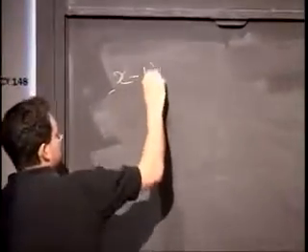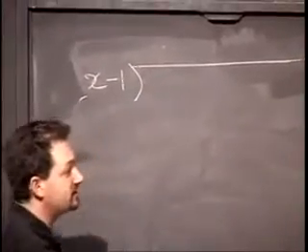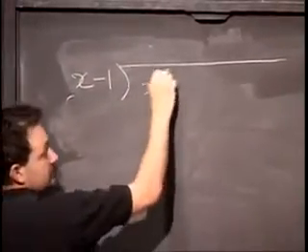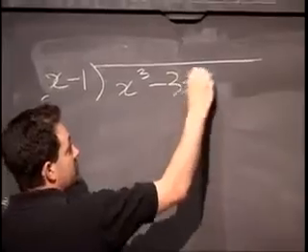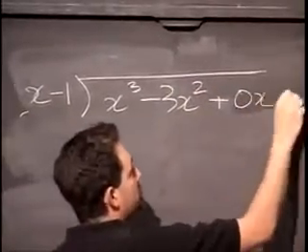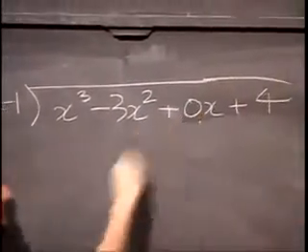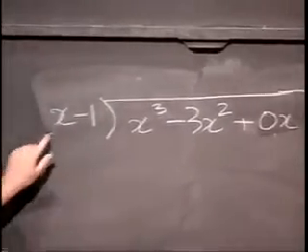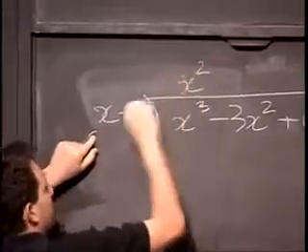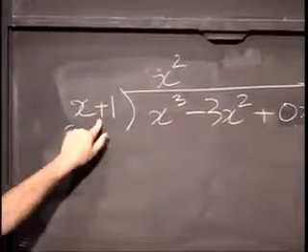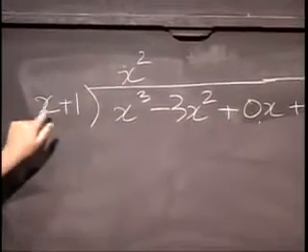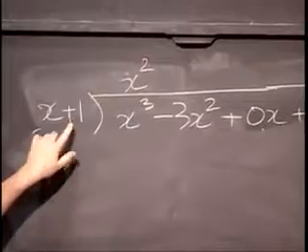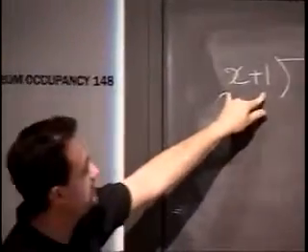So we want a factor of x cubed minus 3x squared plus 0x plus 4. Notice when I divide, I fill in the 0x, and I've also pulled out a factor of 2 to make it a little bit simpler. And I know x plus 1 is a factor, not x minus 1. Remember, x equals minus 1 is a solution, so x plus 1 will be a factor.